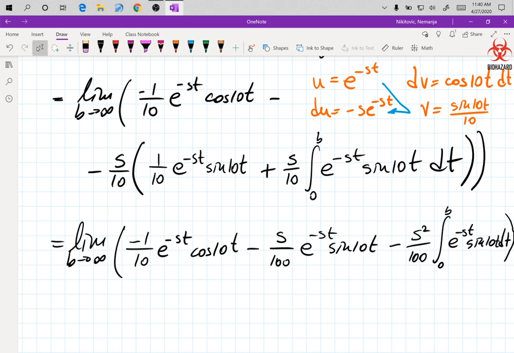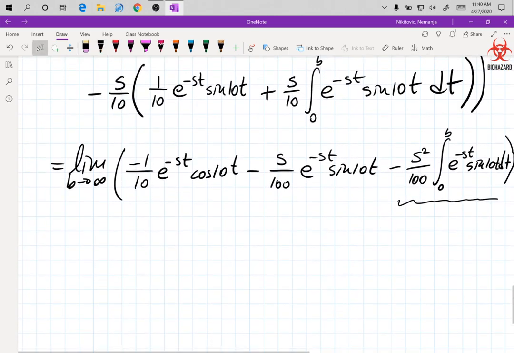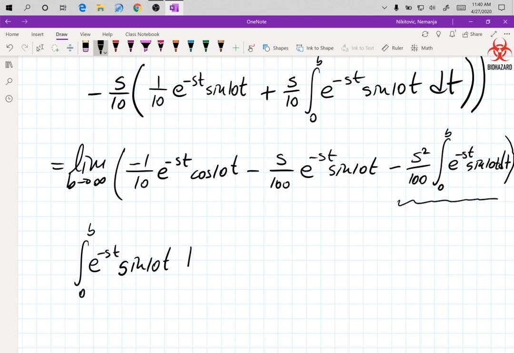So now, this one over here is the same term as the one on the other side. So what we have is the original problem, which is the integral from 0 to b of e to the negative st sine 10t dt, plus s squared over 100, because this, when it goes to the other side, becomes positive, right?